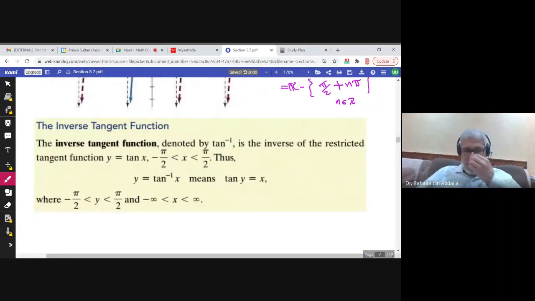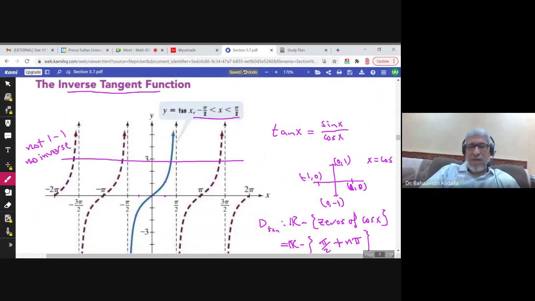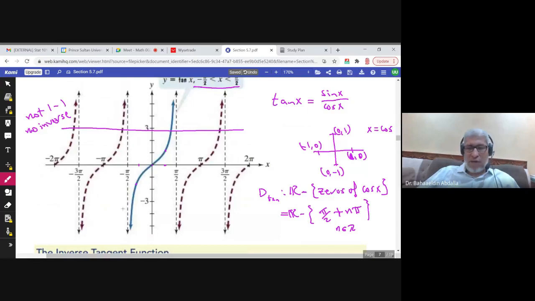So what is the definition? y equals tan inverse x means tan y equals x. Same definition always, but you need to define x and y. x is the range of tan, and as you can see here, the range of tan is the set of all real numbers.